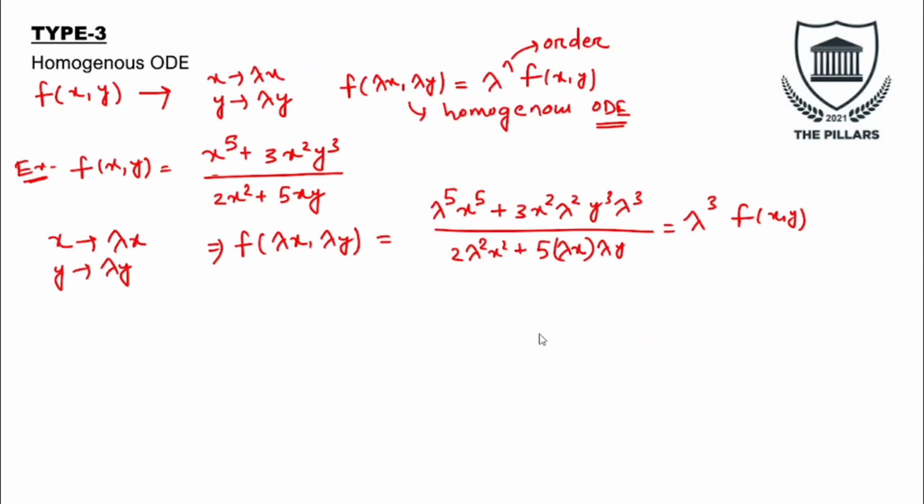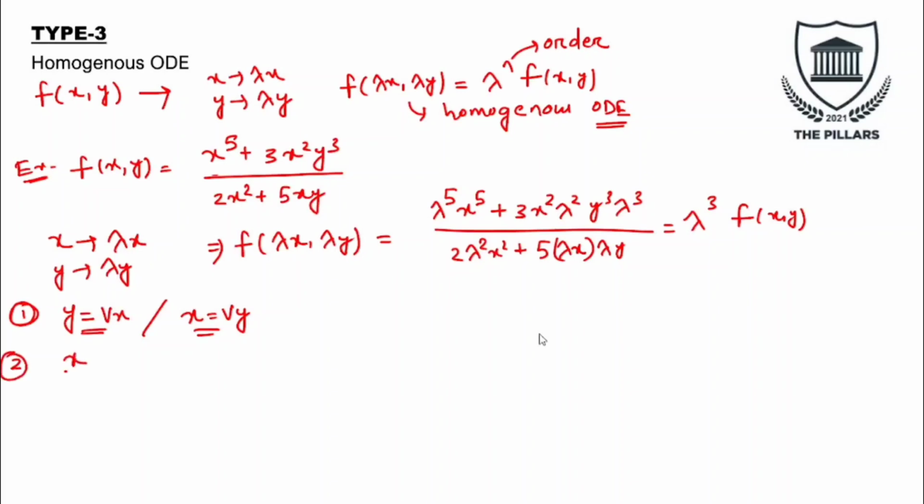Now what we have to do if there is this kind of differential equation, let's see some points. Here we have to substitute y = vx or x = vy. In which case do we use which?